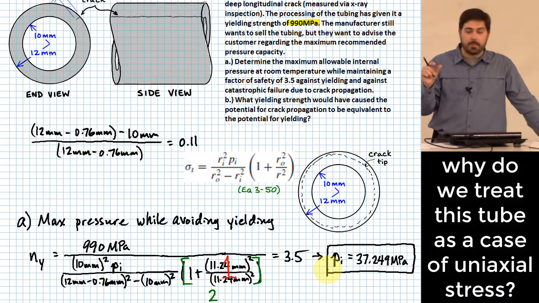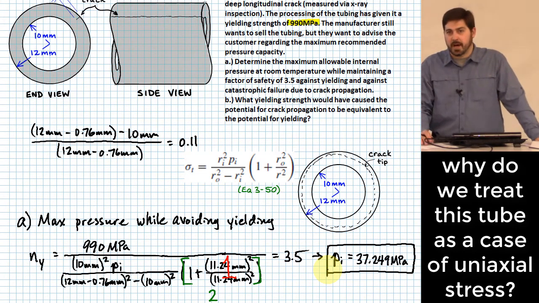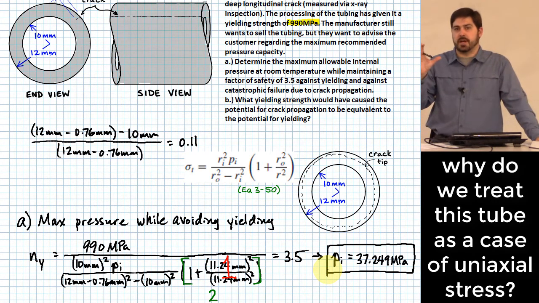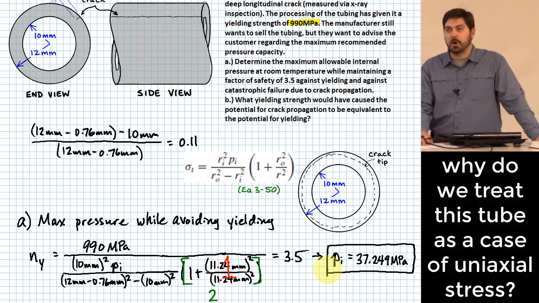If both of them are positive and you're using maximum shear stress failure theory, just the biggest one matters. And which one do you think is going to be the biggest one in this case? Probably tangential. It's much more likely to be bigger than your longitudinal. So anyway, those are a few reasons why I'm not spending time thinking about a multi-axial state of stress for this problem, okay? All right, so that's part one of part A. Shall we do part two of part A?